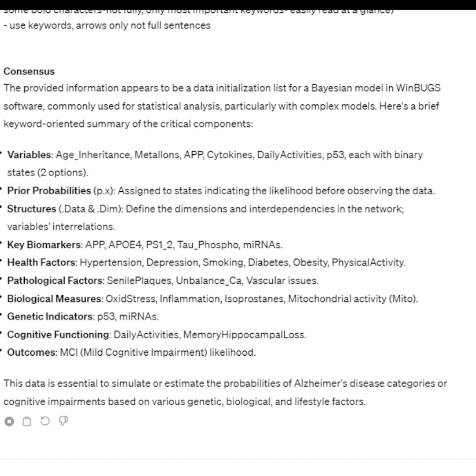Health factors: hypertension, depression, smoking, diabetes, obesity, physical activity. Pathological factors: senile plaques, unbalanced calcium, vascular issues. Biological measures: oxidative stress, inflammation, isoprostanes, mitochondrial activity. Genetic indicators: p53, miRNAs, cognitive functioning, daily activities, memory, hippocampal loss. Outcomes: MCI, mild cognitive impairment, likelihood. This data is essential to simulate or estimate the probabilities of Alzheimer's disease categories or cognitive impairments based on various genetic, biological, and lifestyle factors.